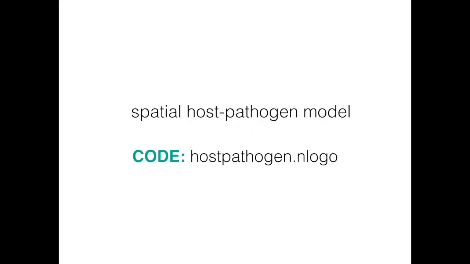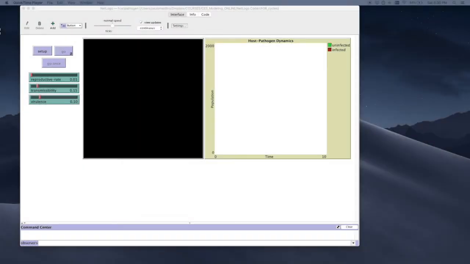So let's open our spatial host pathogen model, Host-Pathogen.nlogo. Check it out. All right, here we go. As you can see, we've got 3 sliders representing the 3 model parameters: the reproductive rate, the transmissibility, and the virulence of the pathogen. So let's see what happens.